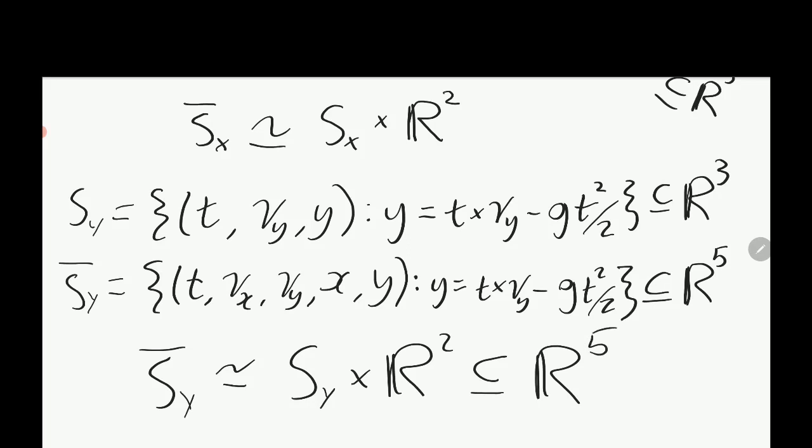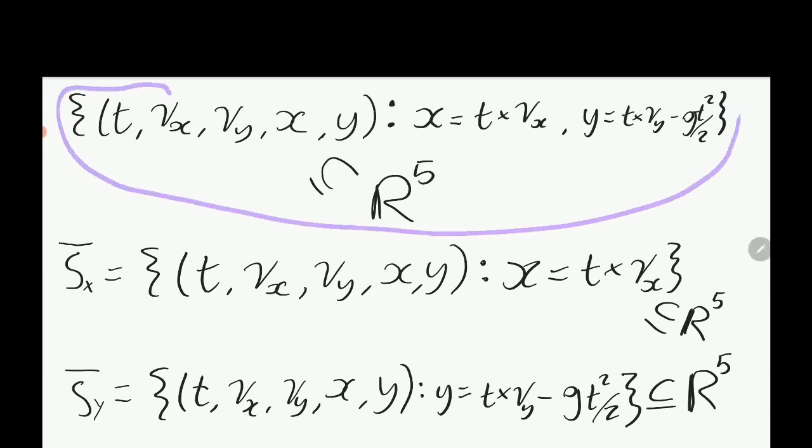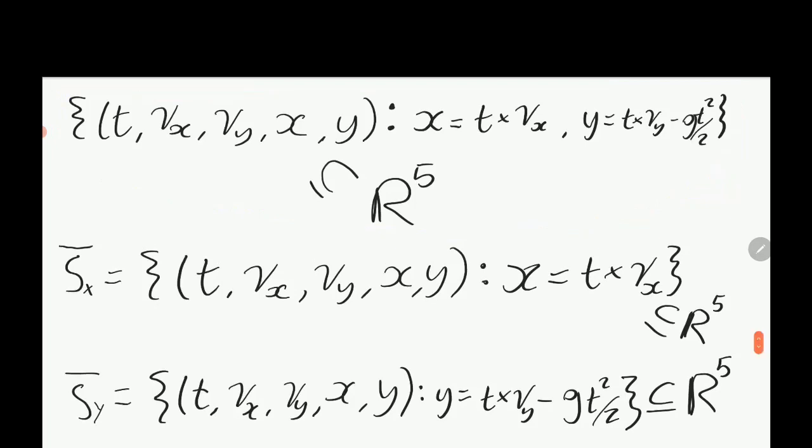And so now we finally reach the punchline, because what is this five-dimensional hypersurface that we're interested in that's telling us everything about our projectile movement? Well, it's the collection of five tuples, so t, vx, vy, x and y, such that these two equations hold.